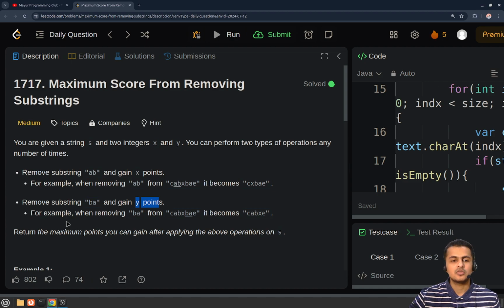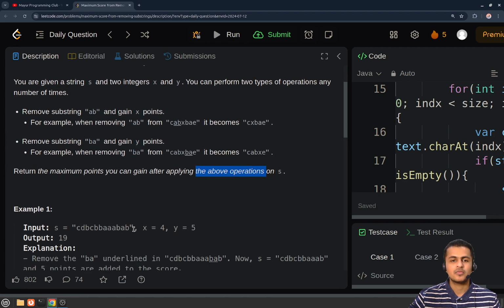You have to return the maximum points that can be gained after applying any of the above operations in the most optimal order possible. So in a way, you have to maximize your points.